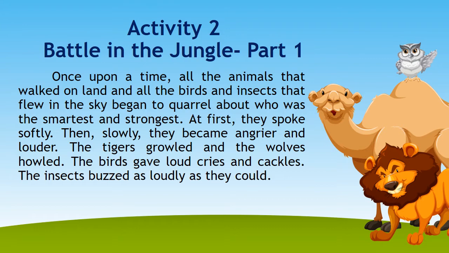Howling is the long, loud voice that they make. The birds gave loud cries and cackles. Cackles also is the noise that birds make, and the insects buzzed as loudly as they could. You know what is the buzzing sound?